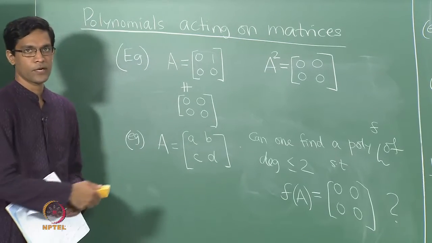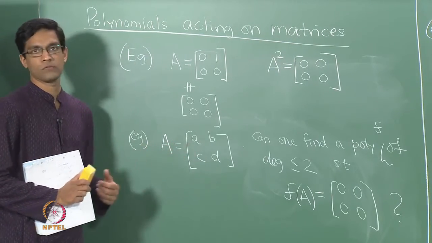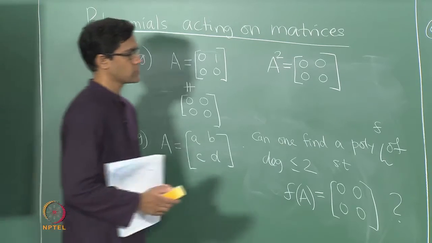Okay. So arbitrary 2 cross 2 matrix, what polynomial should one apply to it to get 0? Well, more importantly, does there exist such a polynomial?